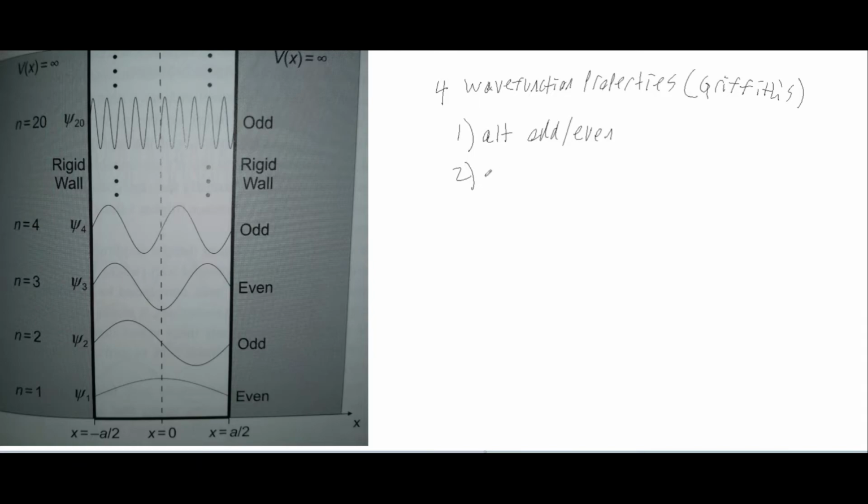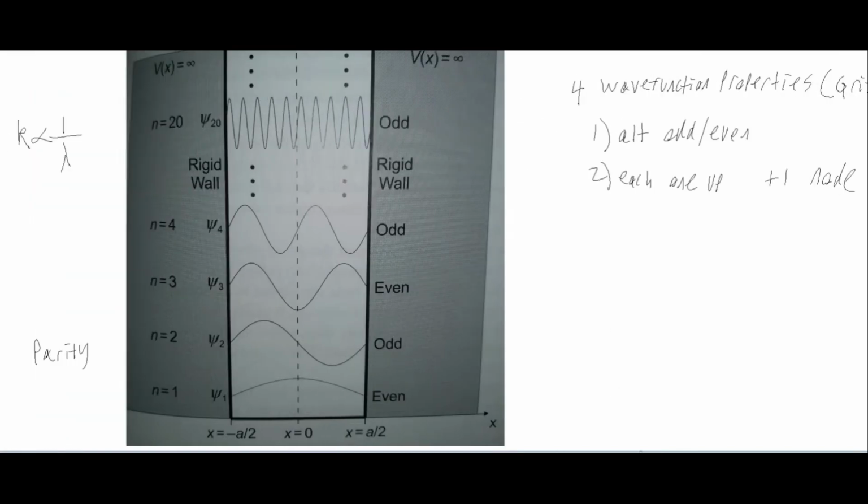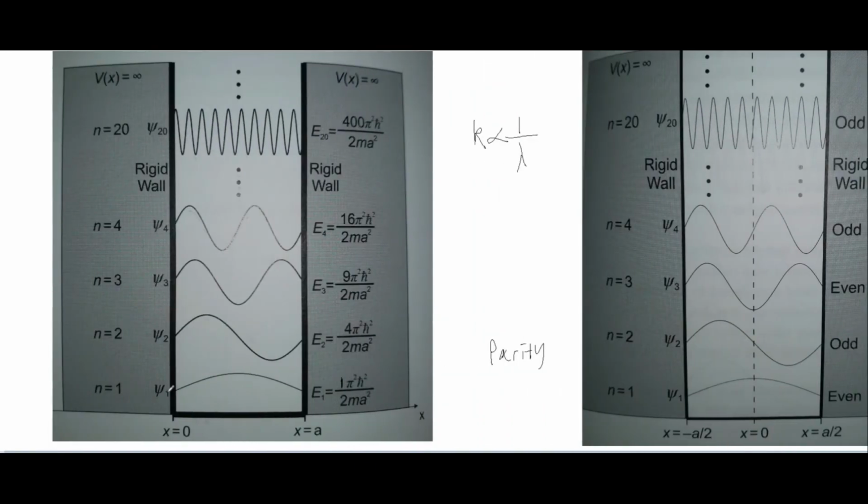And so the next thing the Griffiths one says is that each one up, so every time you go up one, you get plus 1 node. So a node is where it goes to 0 inside the well. So we see here this only goes to 0 on the edges of the well.